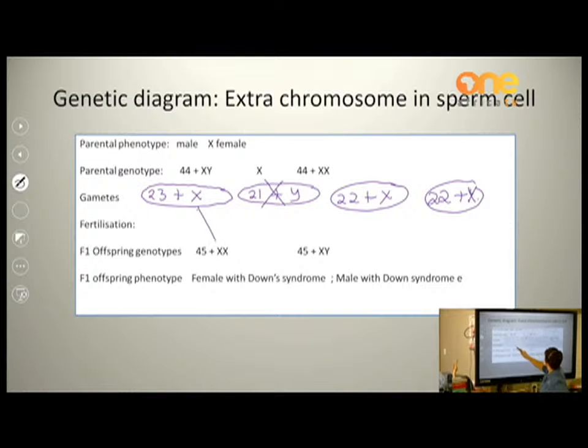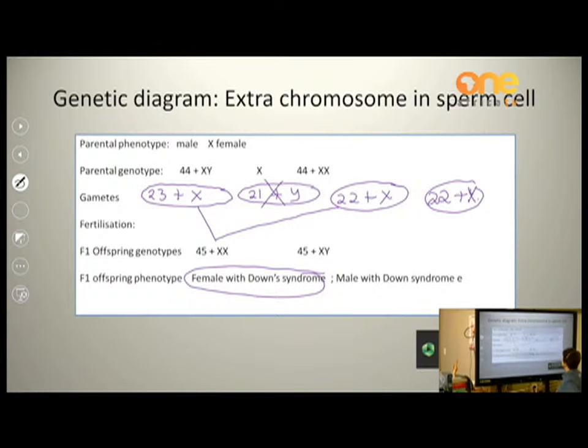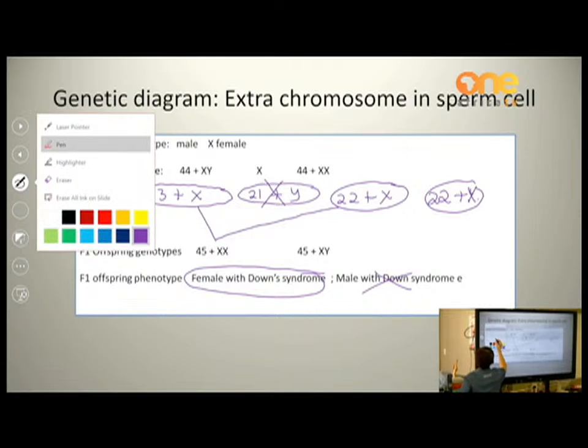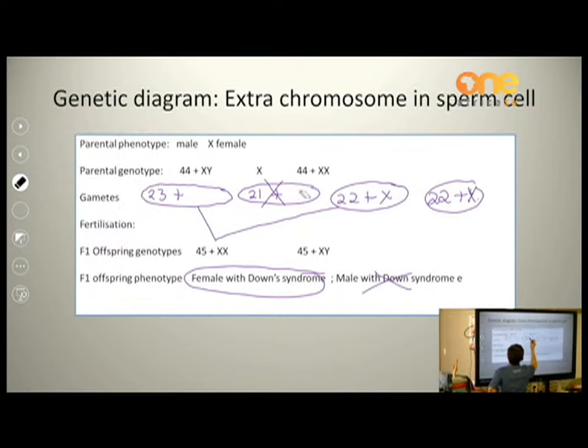If these two fertilize, I will have a female with Down syndrome. But I will not have a male with Down syndrome.